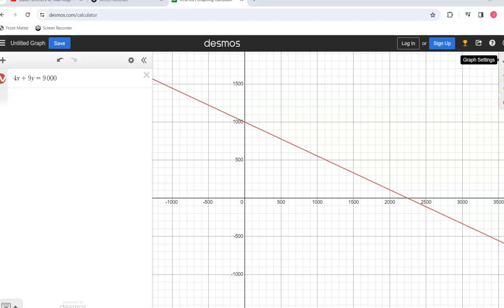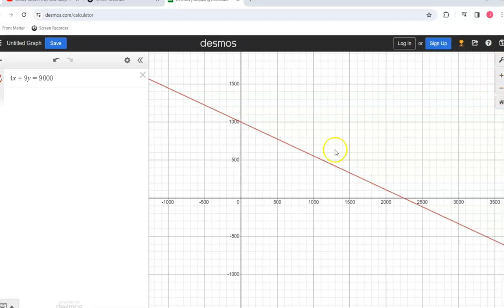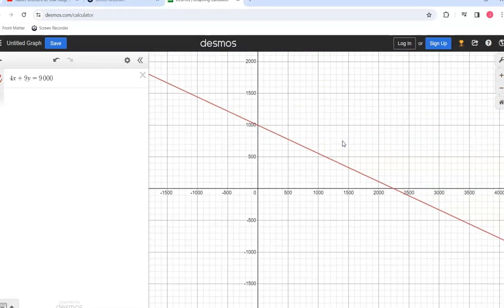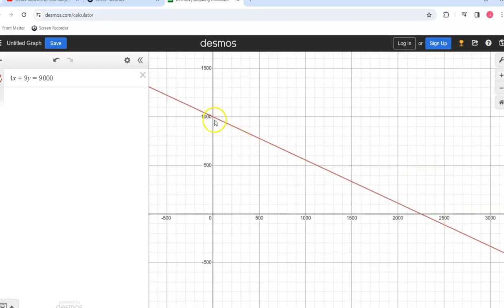If you came over here to this wrench, you could do that versus what I did, which was just use the scroll wheel on my mouse. Then you can see right here, there's my 1,000 and my 2,250. I can come find all these different values. I can put my number in where I want to know this one, and it's going to give me all those different values.